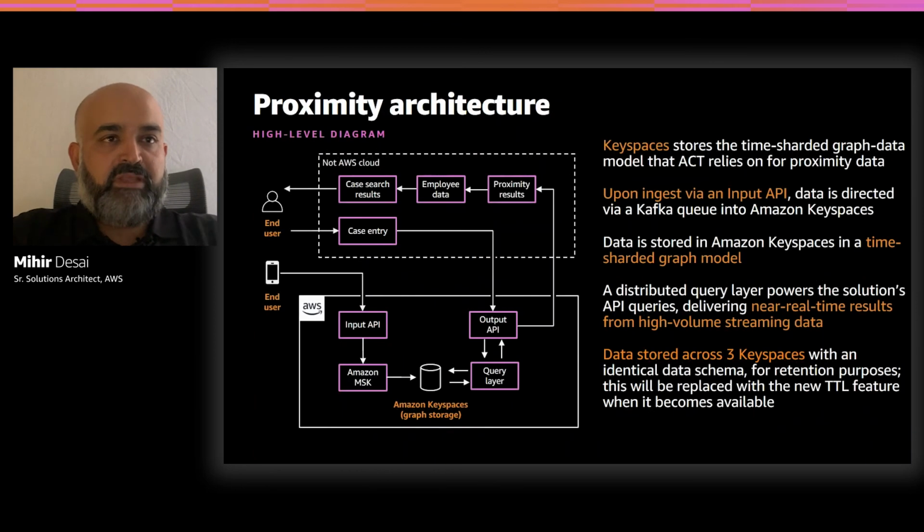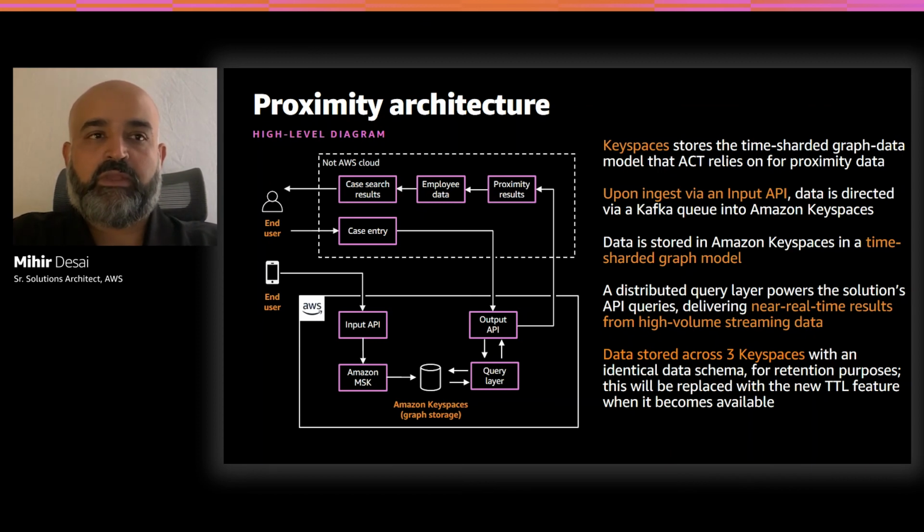So this is the middle area, the backend technology that we were talking about a couple of slides ago. This unpacks the architecture, and we'll spend a couple of minutes going over it. The end user device communicates with the backend in AWS via an input API. Upon ingest of the data through the input API, it's put into a Kafka queue for ACT.